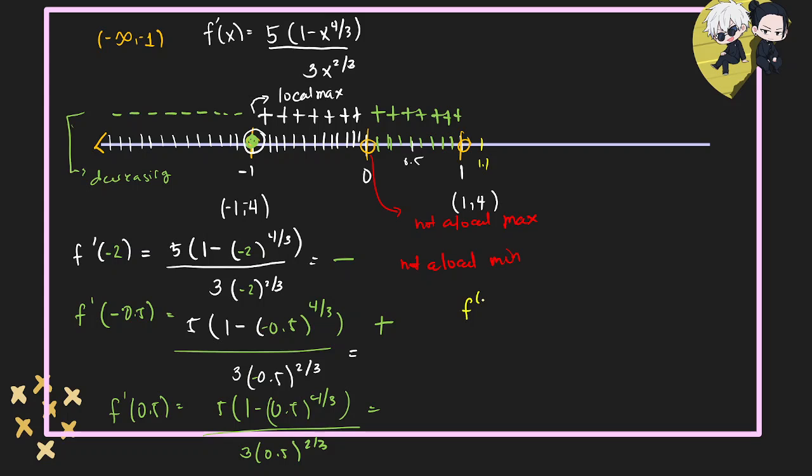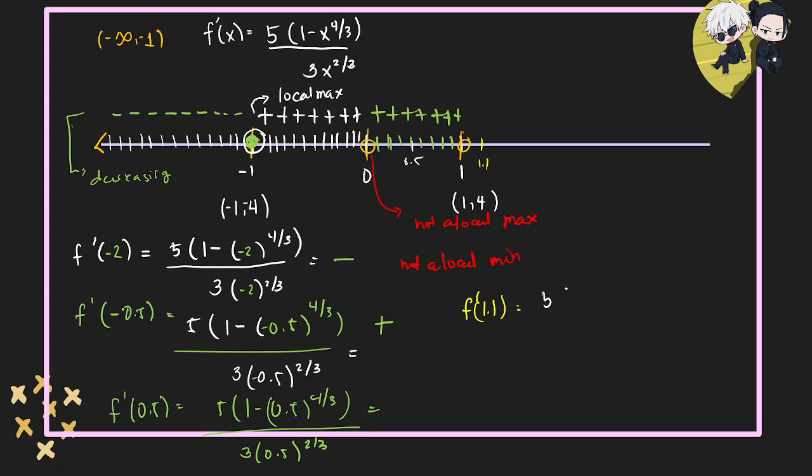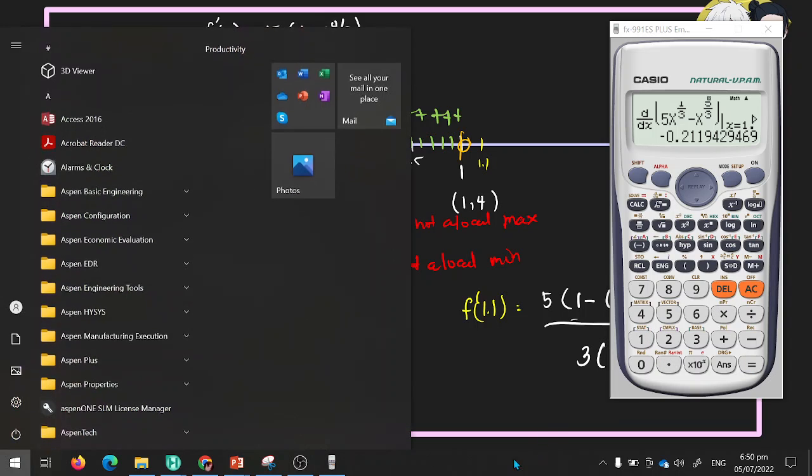So f of 1.1 equals 5. You test this on your calculator by changing this to 1.1. So what's the answer?